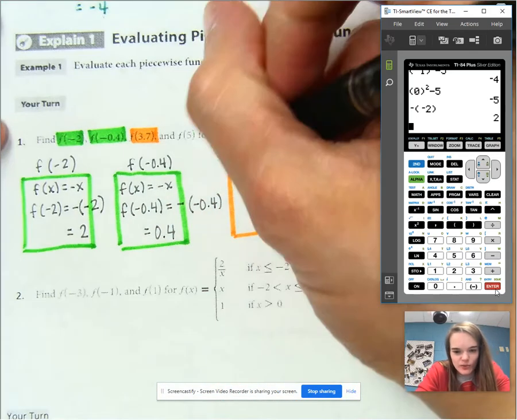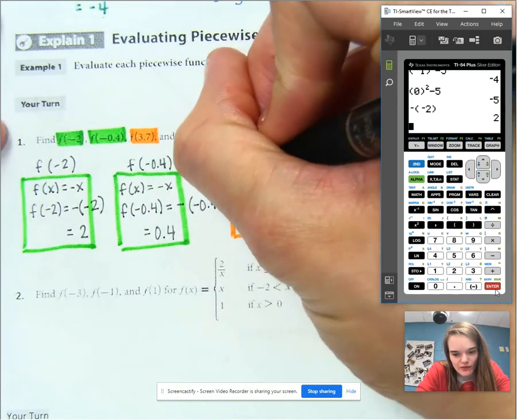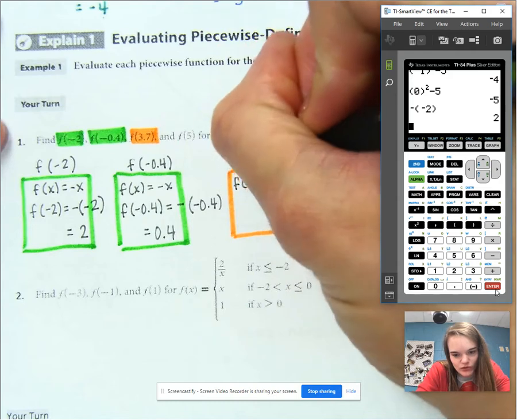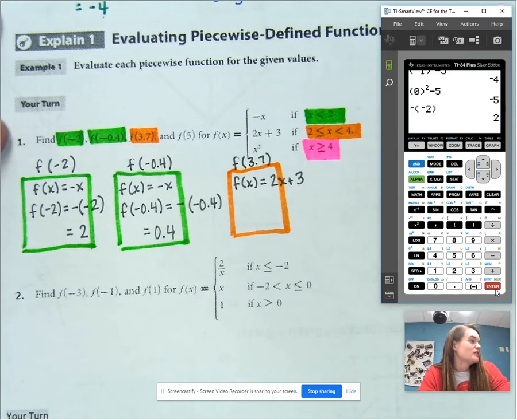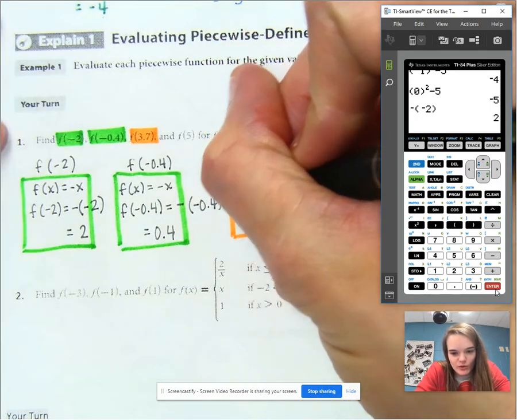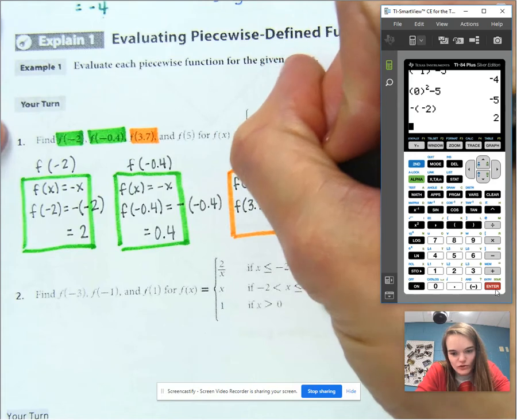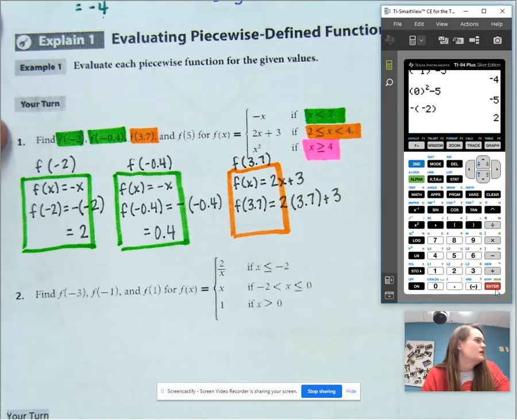So for f of 3.7, we will be using f of x equals 2x plus 3. I gotta make these boxes bigger. I'm not doing very good about that. So f of 3.7 equals 2 times 3.7 plus 3.